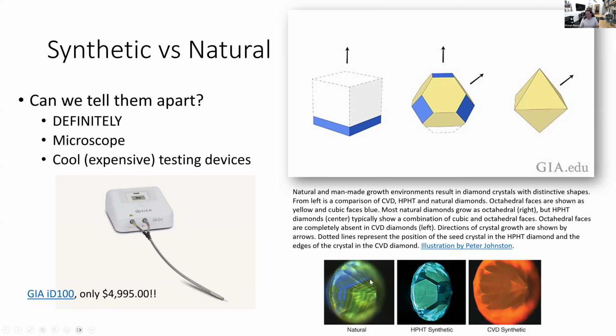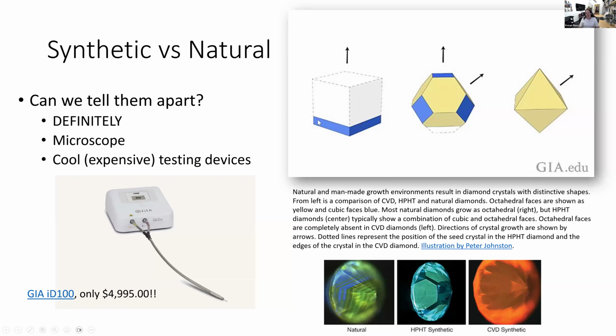And so one of the ways that we can look at it is we can actually look at very minute differences in the way the light is being absorbed in a natural diamond versus an HPHT synthetic. Do you see this crazy big dark spot? And then in CVD synthetics, it also has a very different look.